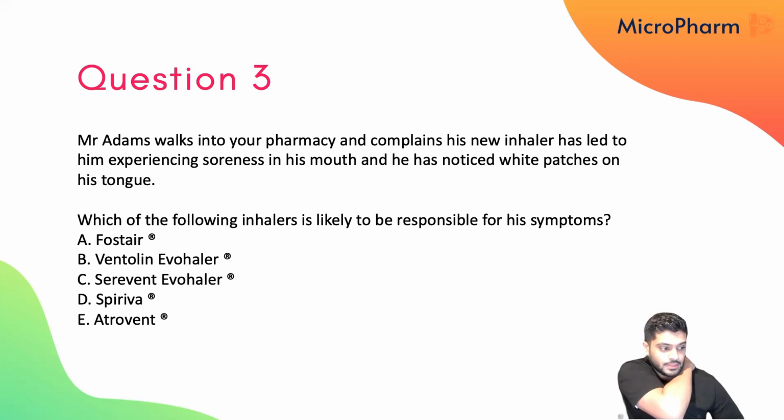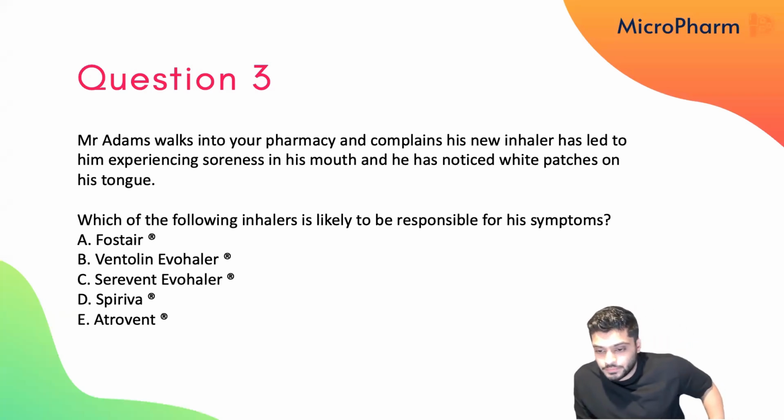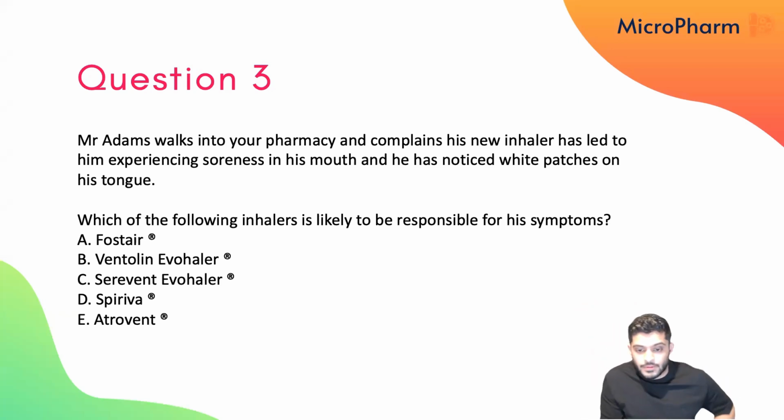Salmeterol. Yes, it's an example of a long-acting beta receptor agonist. And the tiotropium is contained in the Spiriva, and the Atrovent, you've got what? Ipratropium. So tiotropium is an example of what? A long-acting muscarinic antagonist, and the ipratropium is an example of a short-acting muscarinic antagonist.